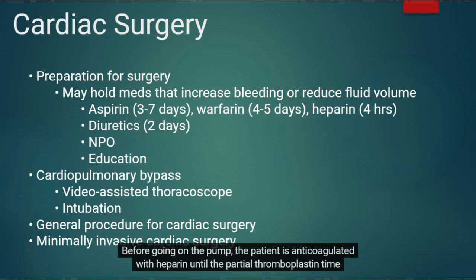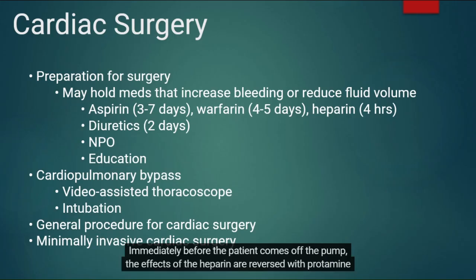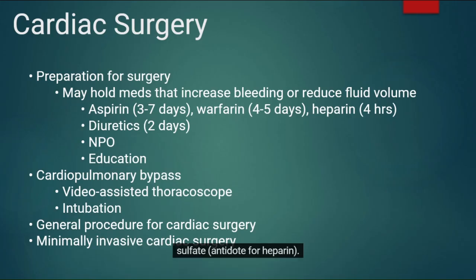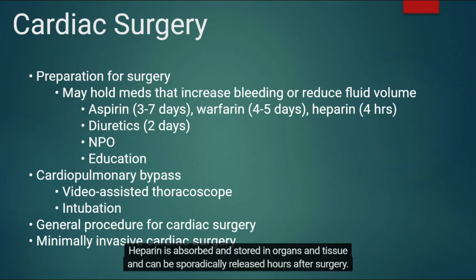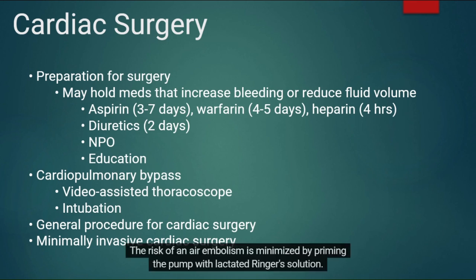Before going on the pump, the patient is anticoagulated with heparin until the partial thromboplastin time is 5 to 6 times greater than normal. Immediately before the patient comes off the pump, the effects of the heparin are reversed with protamine sulfate, the antidote for heparin. Heparin is absorbed and stored in organs and tissue and can be sporadically released hours after surgery. As a result, the patient may have excessive bleeding.